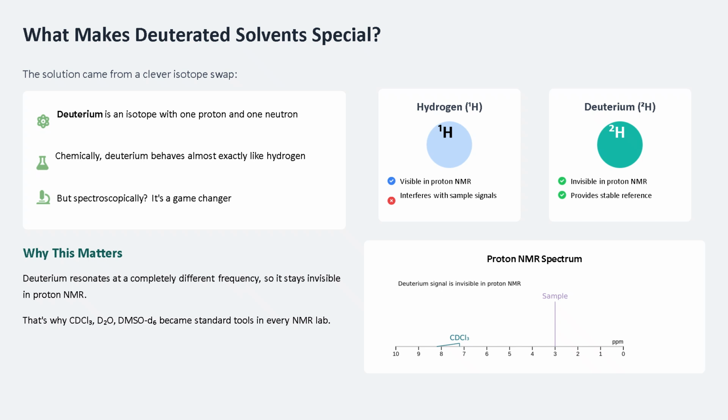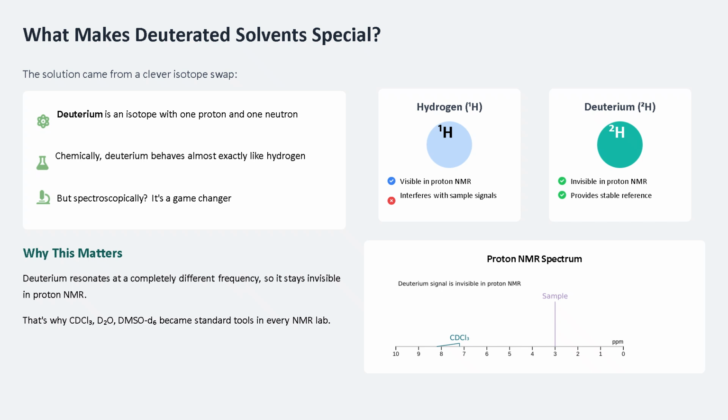The solution came from a clever isotope swap. Hydrogen was replaced with deuterium, an isotope that contains one proton and one neutron. Chemically, deuterium behaves almost the same as hydrogen, so it dissolves compounds just as effectively. But spectroscopically, it behaves very differently.